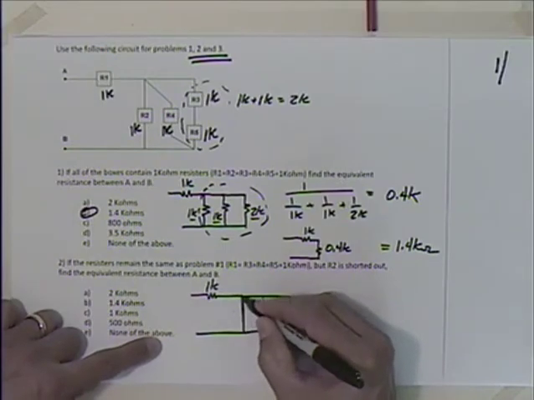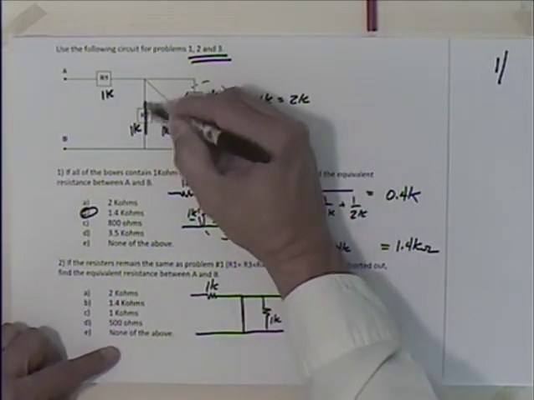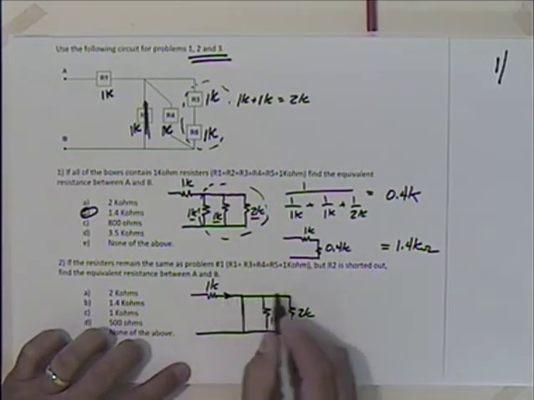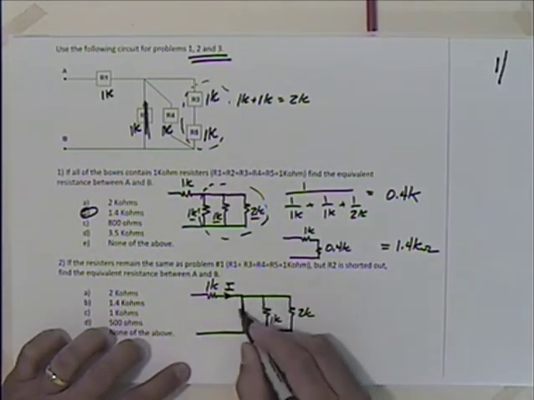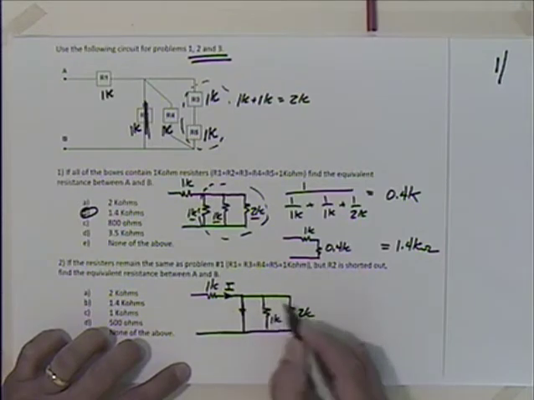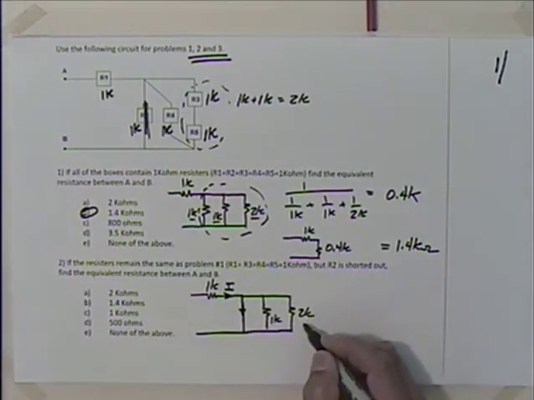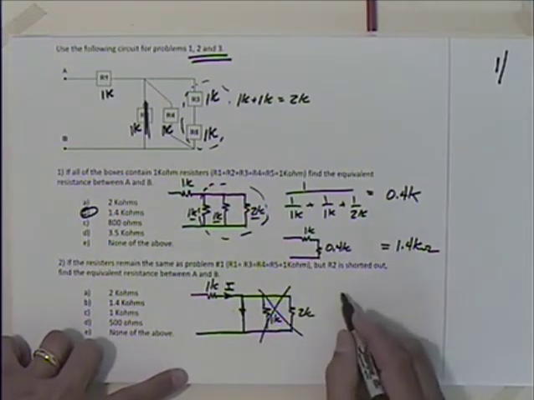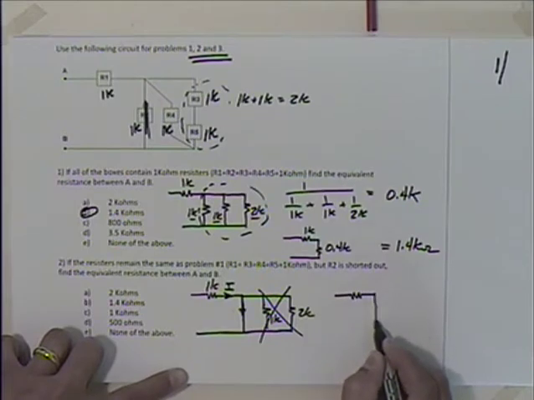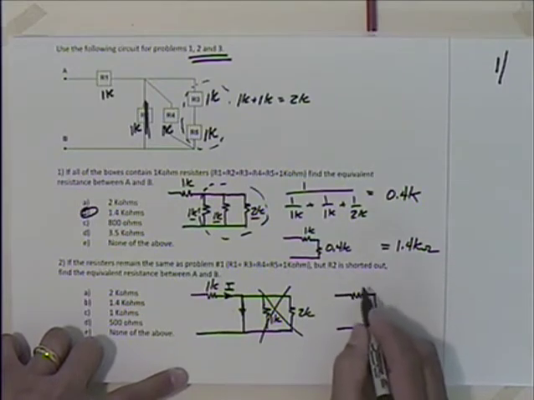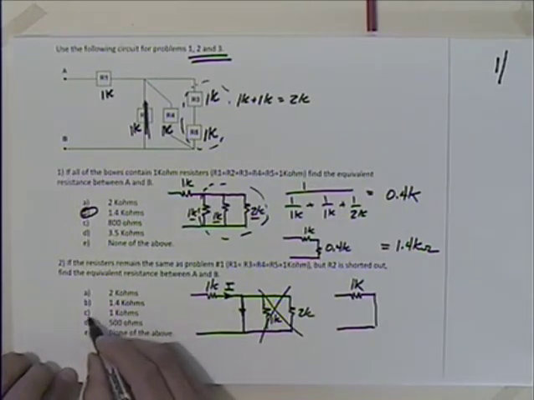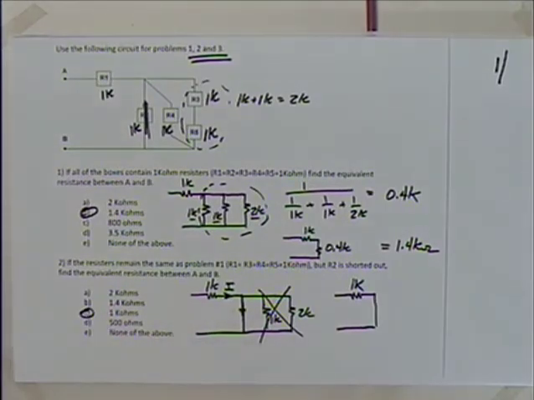That's where R2 is shorted out. So we have current coming up to this point. Any self-respecting current is going to go through this dead short. It's not going to come up here and go through 1K, or worse yet, through 2K. So effectively, that removes that part of the circuit, and we could rewrite the circuit really as a short circuit. So our answer would be C, 1K ohm. Okay, so when we short that out.